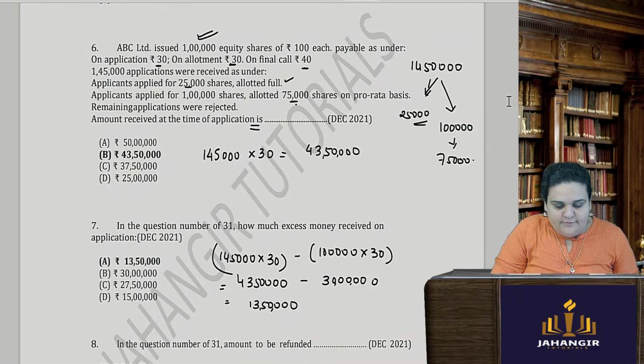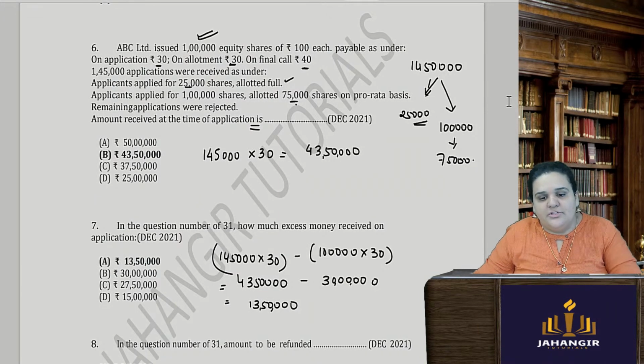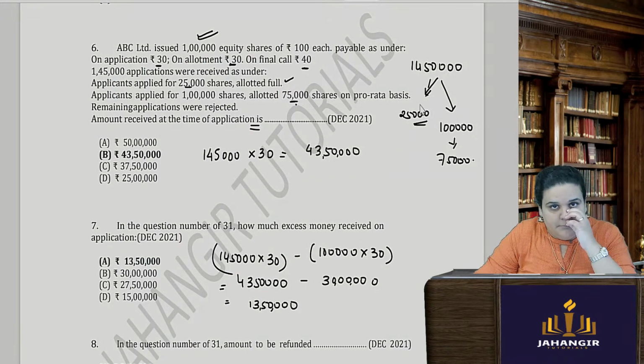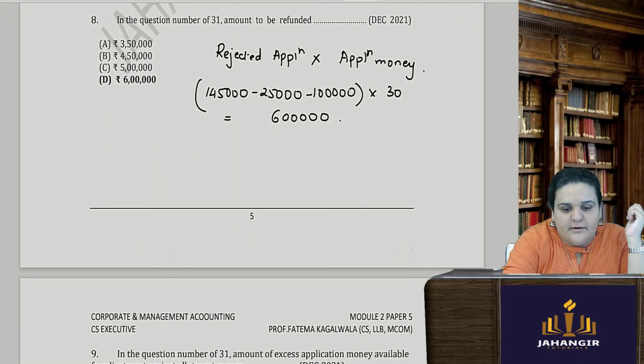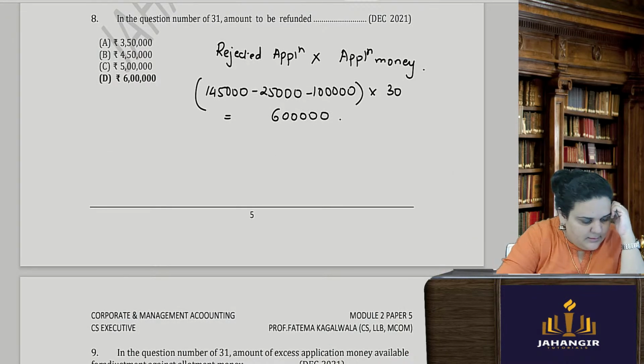So you can do 1,45,000 minus 25,000 minus 1 lakh. So 20,000 shares are refunded. 20,000 into 30.